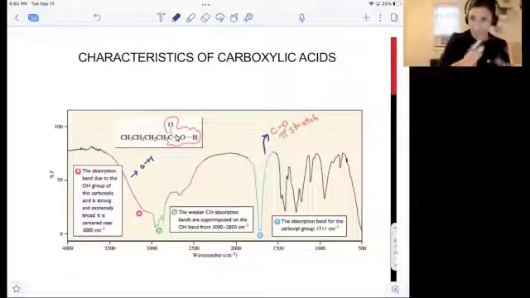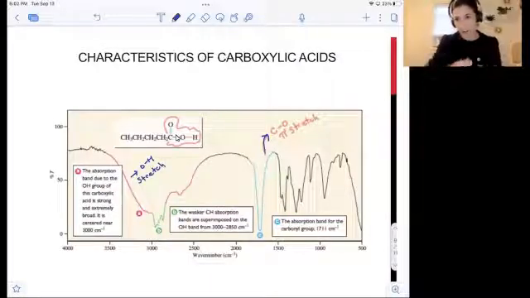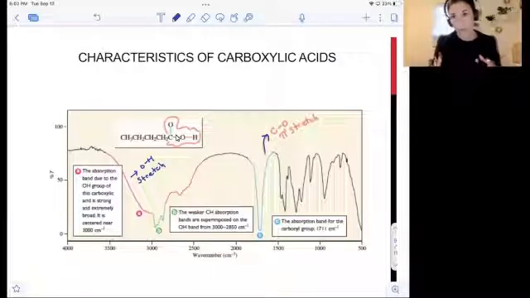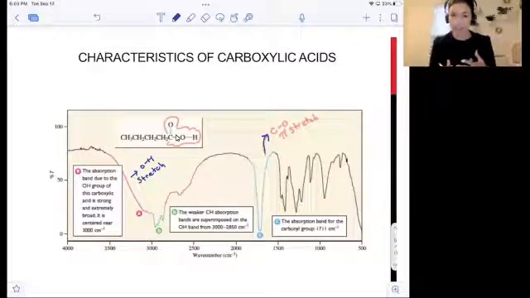There is something happening in the OH stretching region, again getting above that 3200. However, you'll notice that the shape of this is nowhere near as smooth as what we saw for a typical alcohol. There's a lot of hydrogen bonding that's possible for carboxylic acids.